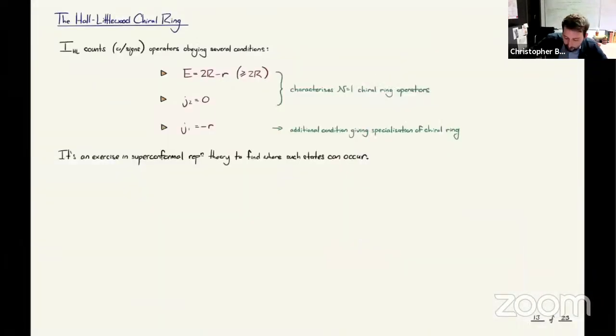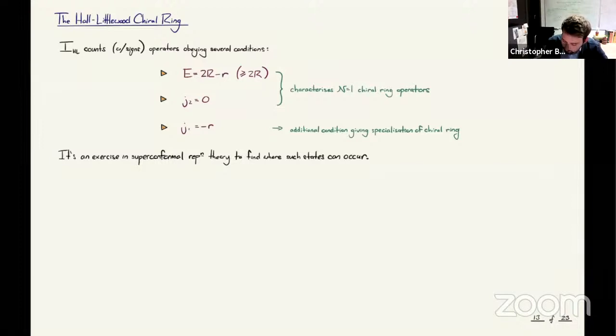Sorry, where was I? Okay, so the thing that you get out of a limit of the index is something which is counting operators that obey these three relations for their quantum numbers. Oh, I made the same mistake previously. This E is supposed to be a delta. Some people call scaling dimension E. So the first two of these conditions characterize what are normally called n equals 1 chiral ring operators in these theories.